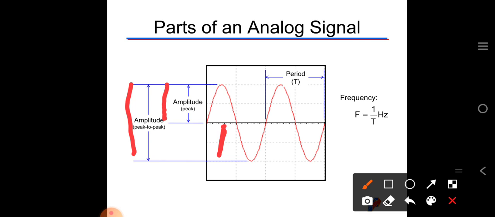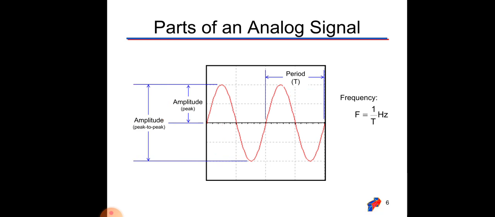Here the period T is what? It is the period to complete one sine wave, that is from positive half cycle to negative half cycle. So we know that frequency is the inverse of time, so F equals 1 upon T. It is measured in hertz. So these are the general parts of the analog signals.